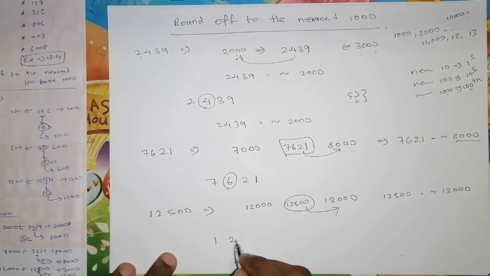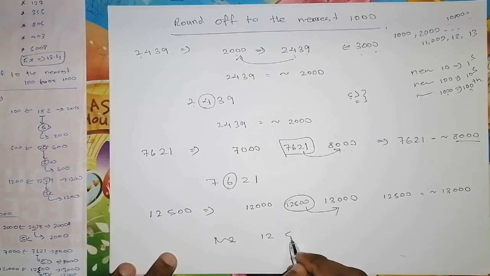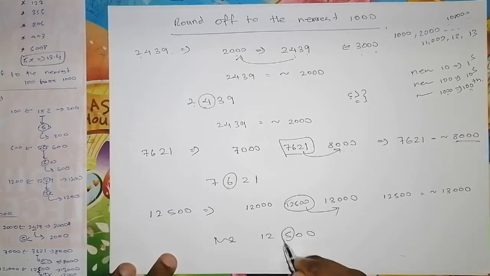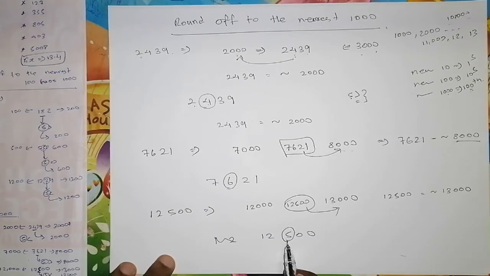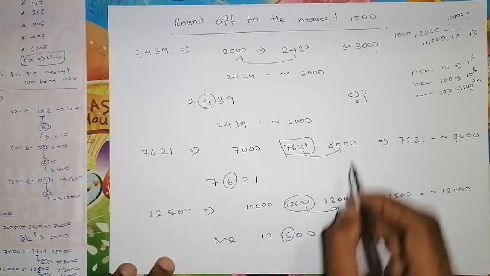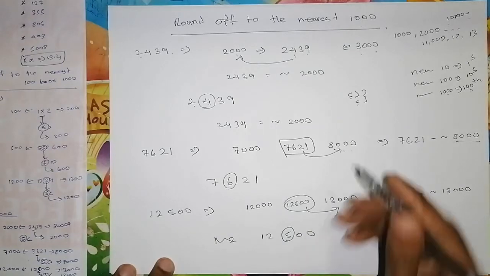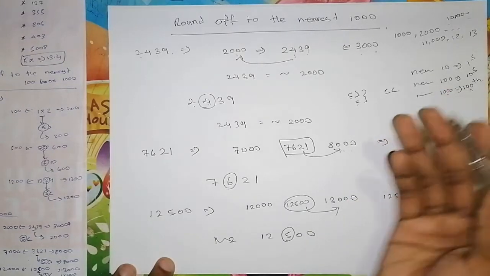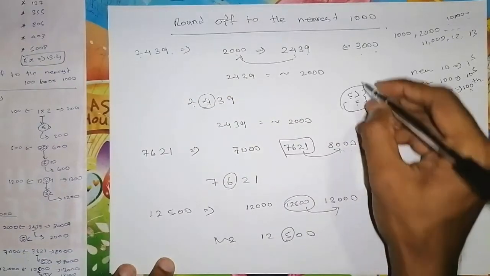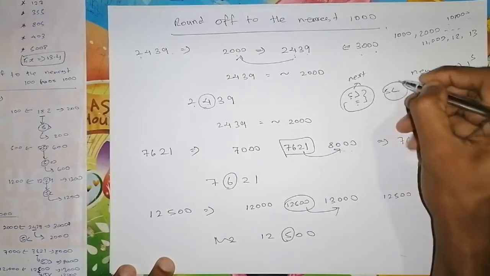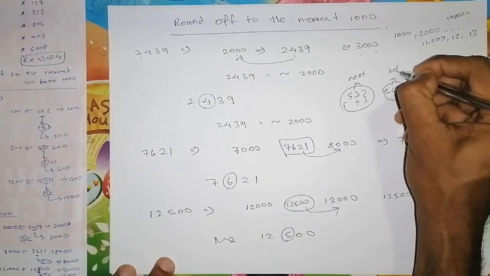In the second method, for 12,500, the 100th position digit is 5. Whether it is equal to or greater than 5, we take the next. Whether it is less than 5, we take the before number.